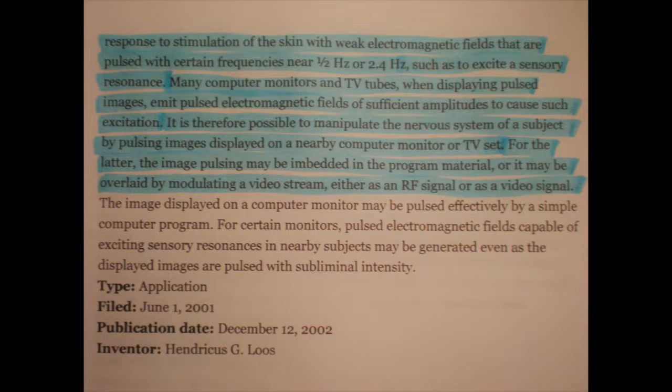Many computer monitors and TV tubes, when displaying pulsed images, emit pulsed electromagnetic fields of sufficient amplitudes to cause such an excitation. It is therefore possible to manipulate the nervous system of a subject by pulsing images displayed on a nearby computer monitor or TV. For the latter, the image pulsing may be embedded in the program material, or it may be overlaid by modulating a video stream, either as an RF signal or as a video signal.